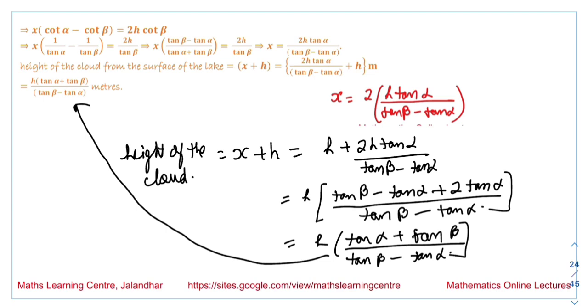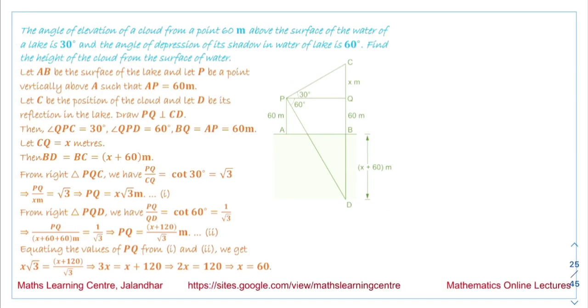Now next we have the angle of elevation of a cloud from a point 60 meter above the surface of the water. This is a similar kind of question. In the previous question the angles were given as alpha and beta and the height was h. Now particular values are given to us.